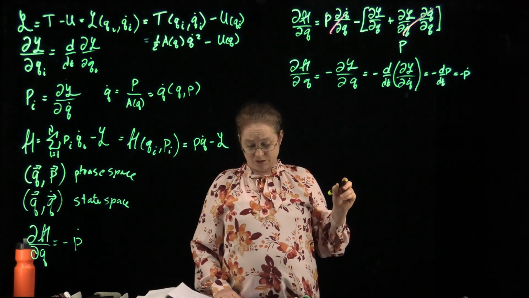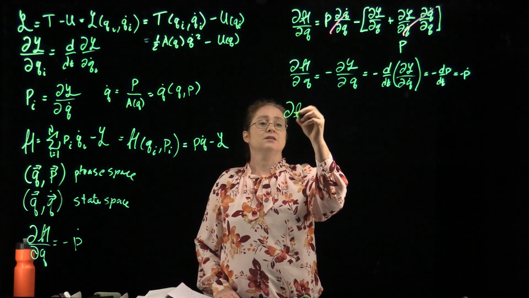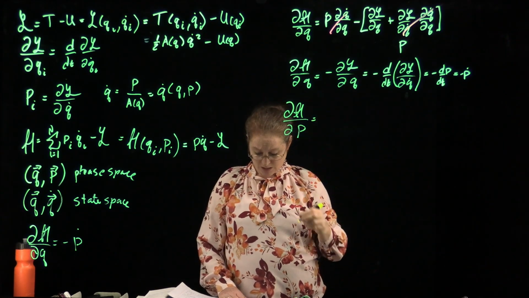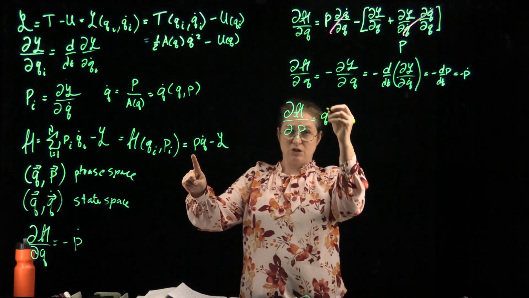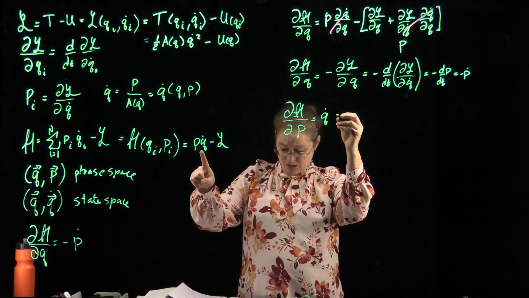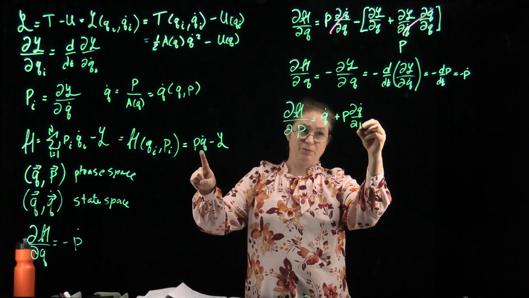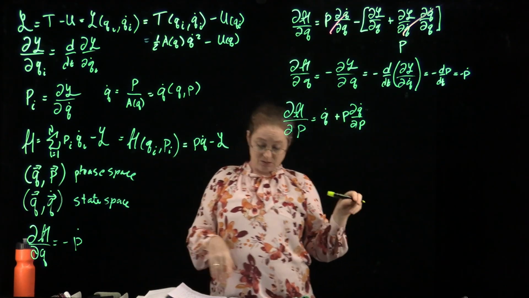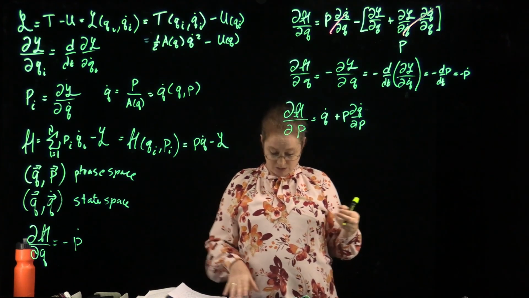We can look for our second Hamiltonian equation of motion by taking the partial derivative now with respect to p. Now here we have the p dependence that gives us a q̇, and then there can be some p dependence in this term, so we have a plus p partial q̇ partial p, and again that's because q̇ is not our valid coordinate. We've chosen to stick with p and q.